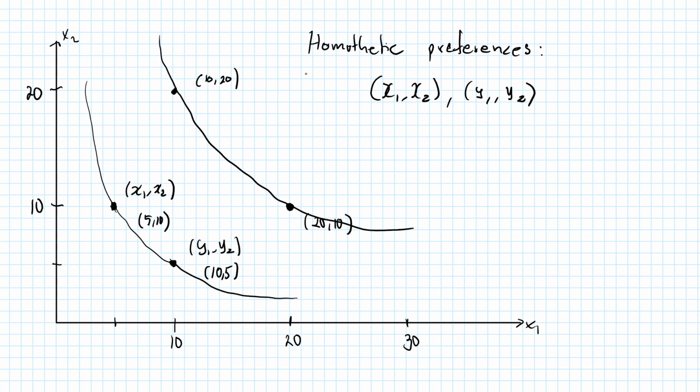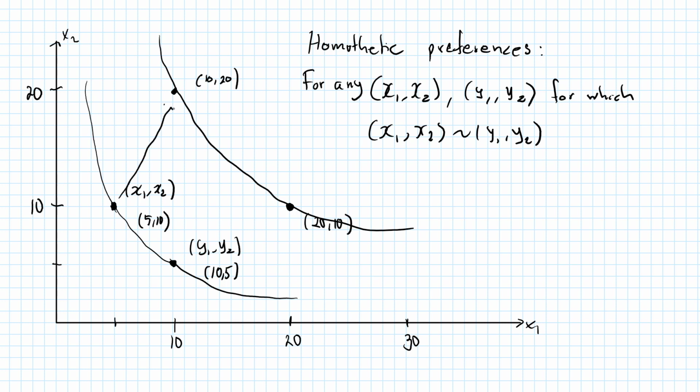So the definition goes, for any such bundles, for any x1, x2 and y1, y2, for which I'm indifferent between them, the following must hold. When I doubled my 5,10 bundle, I ended up over here in my 10,20. If my first bundle is now arbitrary, this new bundle needs to be denoted by 2x1, 2x2.